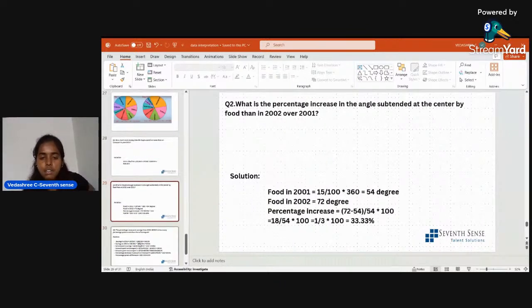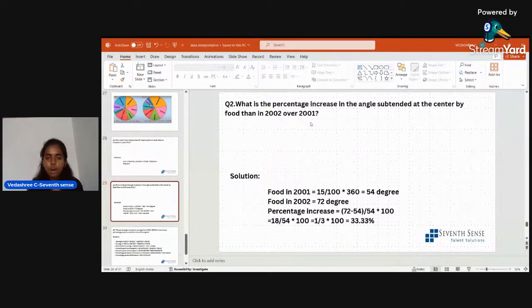Next we'll move on to the second question. What is the percentage increase in angle subtended at the center by food in 2002 over 2001? We need to calculate the percentage here.